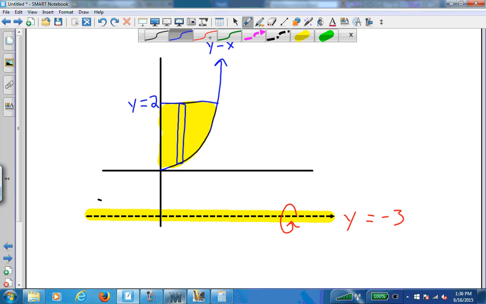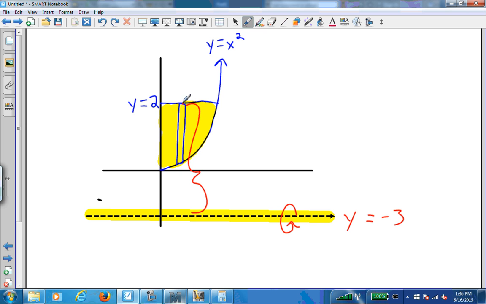So big R will be the distance from the outside of our rotation to here. Since this is dx, that'll be a function of x. Little r will be from our axis of rotation to the inside of our washer, so little r of x.